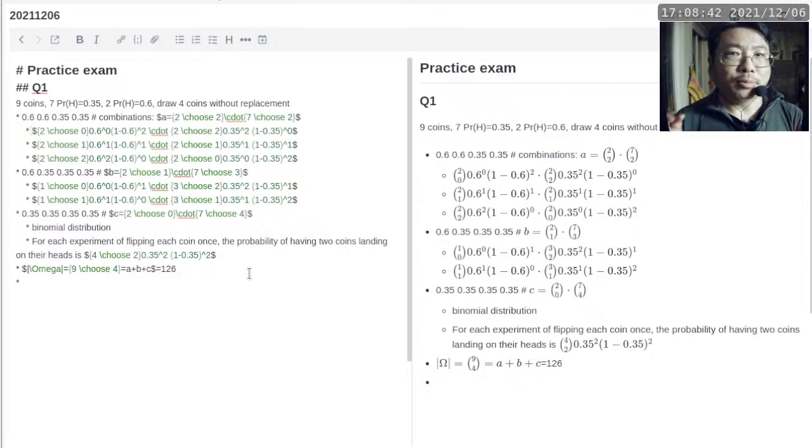That separation is the key, okay? And in order to make that separation, you have to be able to recognize when to use the lotto technique and when to use the binomial distribution technique.